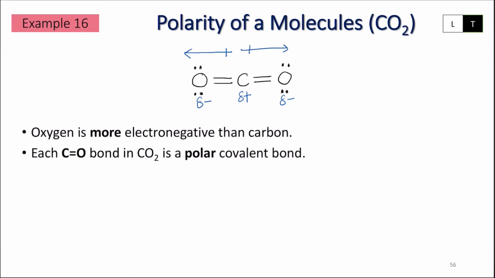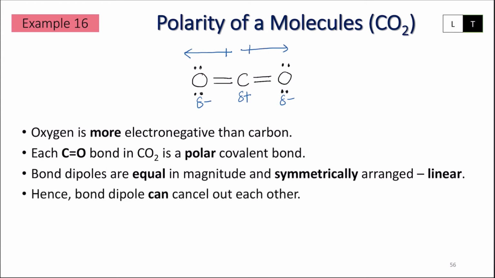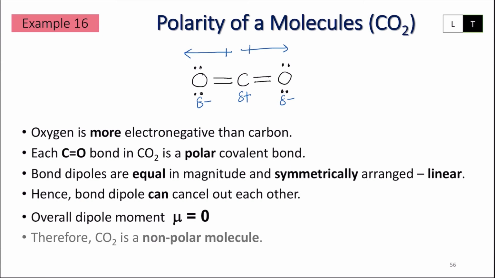So awak nampak dia ada opposite side untuk both direction of dipole moment, maknanya dia equal in magnitude dan symmetrically arranged dalam bentuk linear. Hence, kita boleh anggap these two direction of dipole moment can cancel out each other. Itu point seterusnya. Hence, the overall dipole moment is equals to 0. Therefore, CO2 is non-polar molecule. So, ini cara kita jawab for CO2.